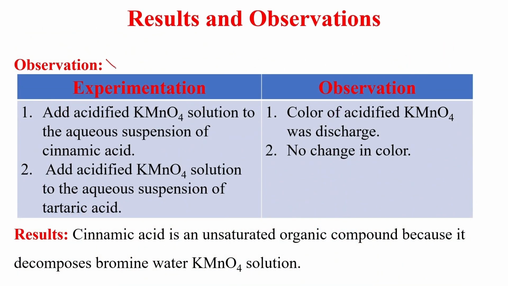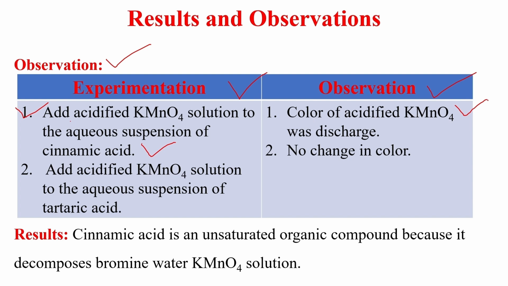In the context of the observation, we have divided it into two parts: one is called experimentation and the other is called observation. In the experimentation, acidified KMnO4 solution is added to the aqueous suspension of cinnamic acid. What will be the result or observation? The color of the acidified KMnO4 solution was discharged.